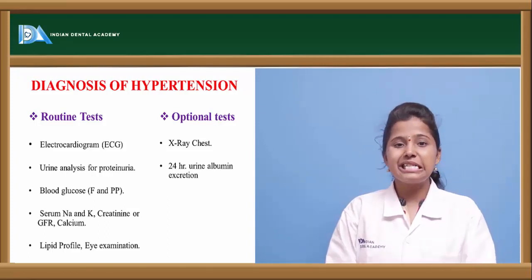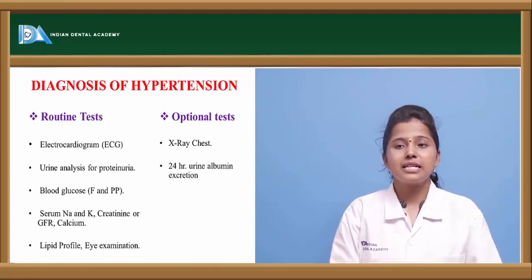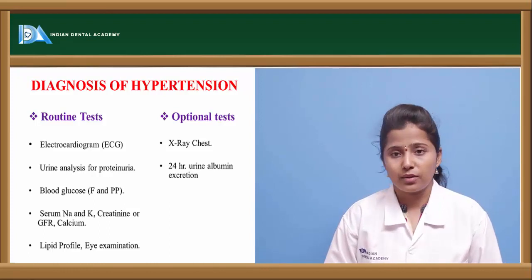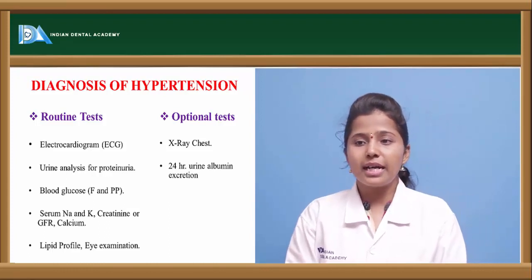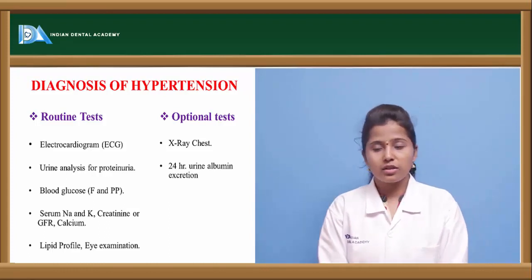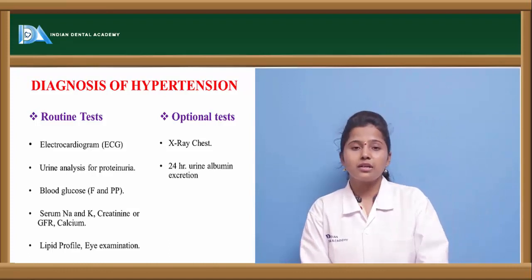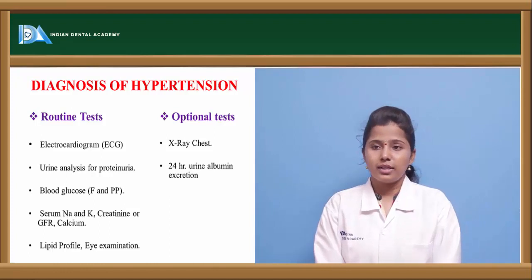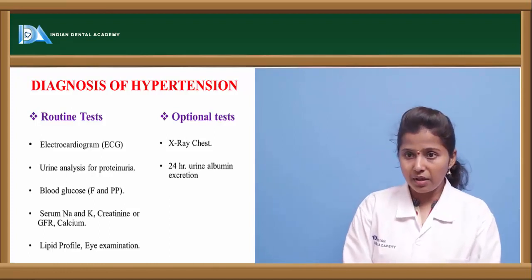So the ECG test is the main test, or we can say it is the routine test by which we can determine which cardiovascular disease the person is suffering from. The other one is urine analysis for proteinuria. So if there is an increase or decrease in the proteinuria or urea in the urine, then based on that also hypertension can be diagnosed.